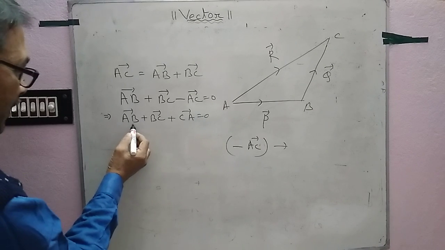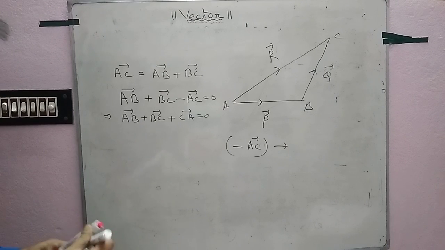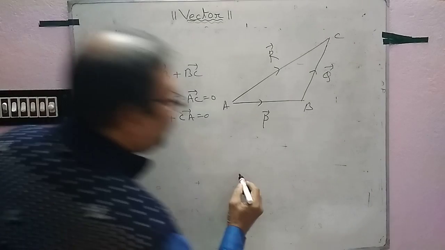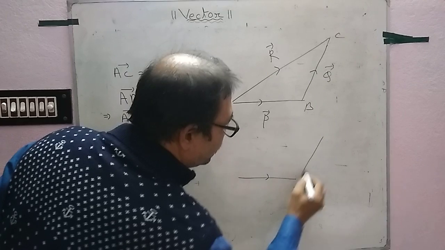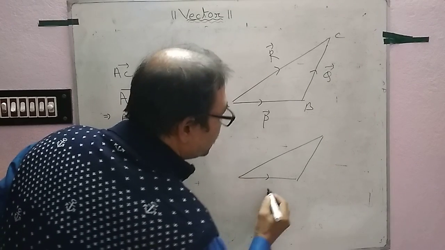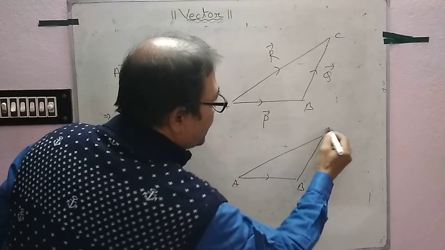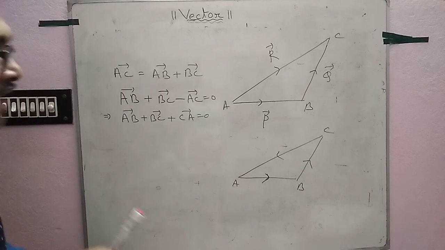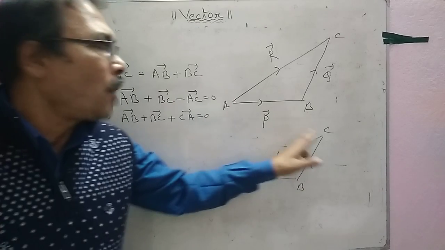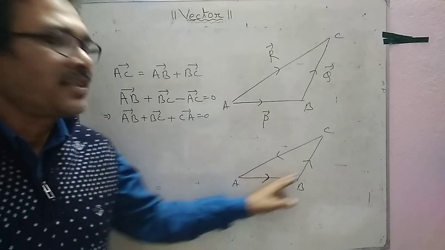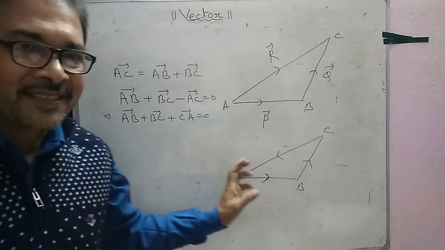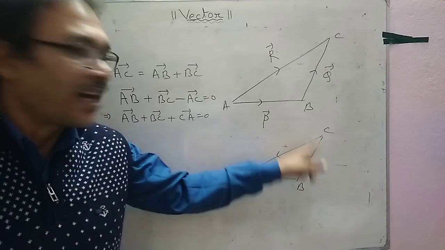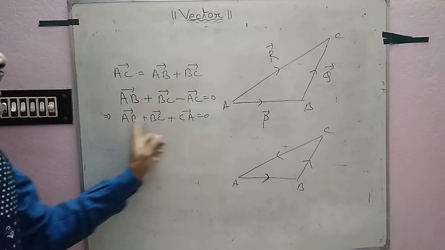So সামেশন অফ থ্রি ভেক্টরস ইজ 0। কখন হবে সামেশন অফ থ্রি ভেক্টর 0? ছবিটাকে আমরা একটু চেঞ্জ করে দিই, এ বি সি এ, ফলো ইন সেম অর্ডার। If the three sides of a triangle represent the three vectors in same order, then the resultant of that three vector will be 0.